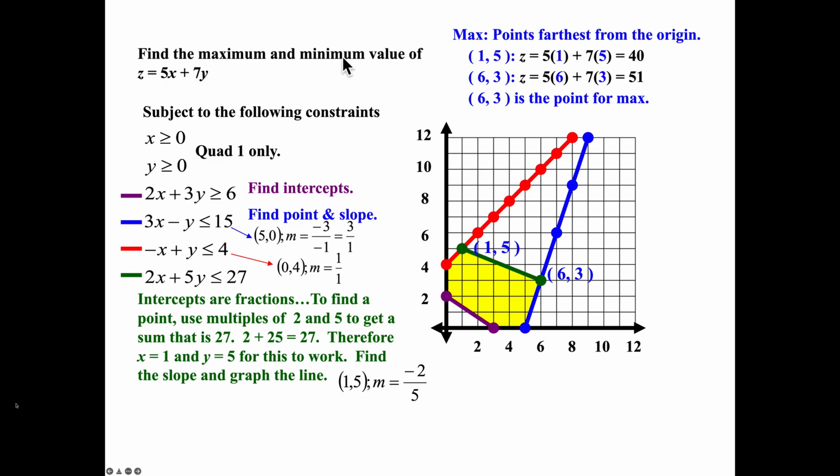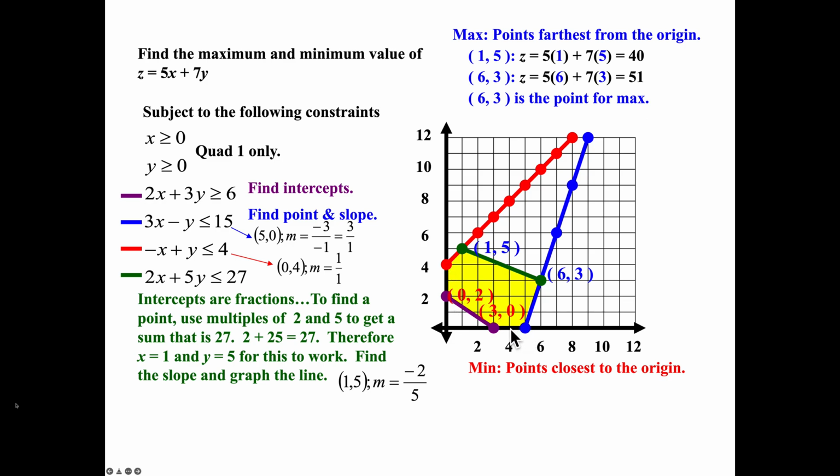Now, for the minimum, we want points not furthest away from the origin, but closest to the origin. We're looking at 0, 2 and 3, 0. Again, I don't have to test this point at 0, 4 because 0, 2 is closer than 0, 4.